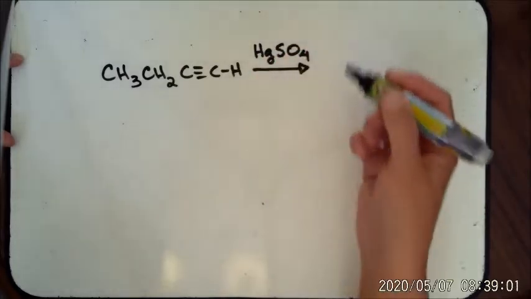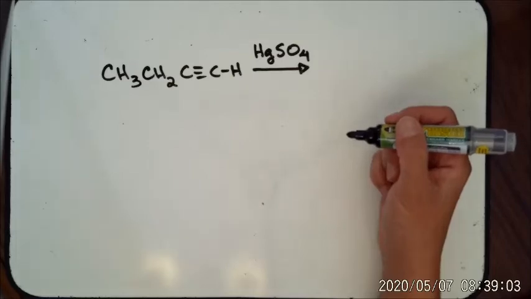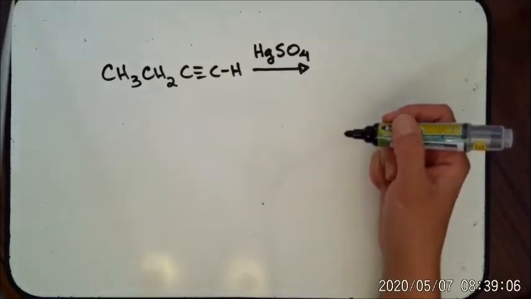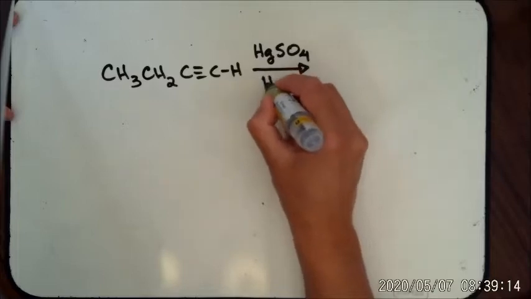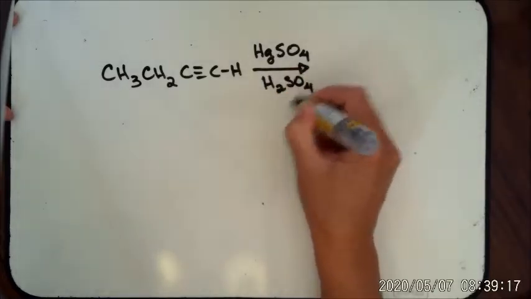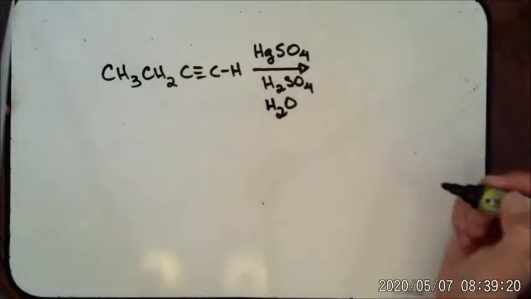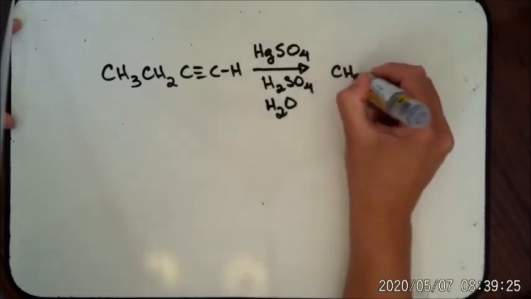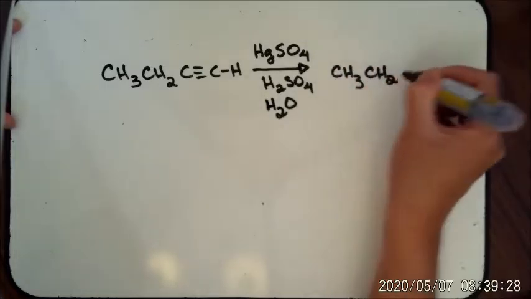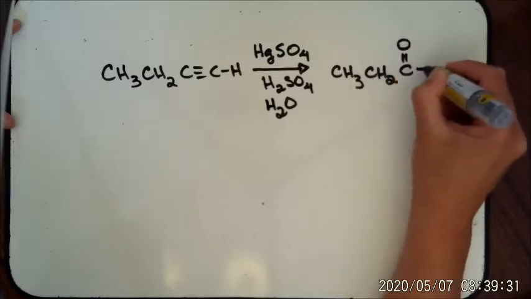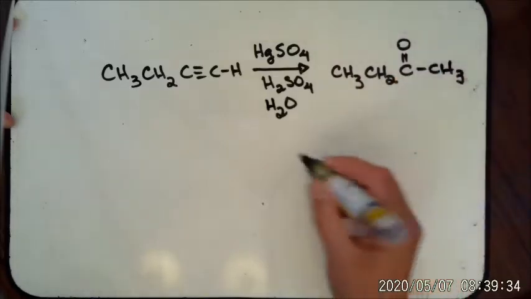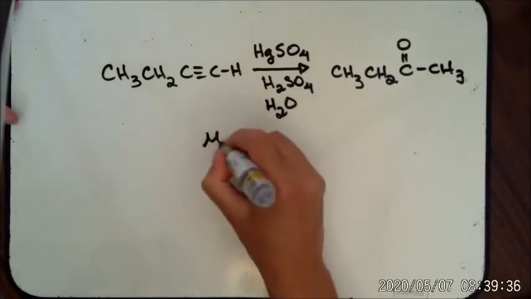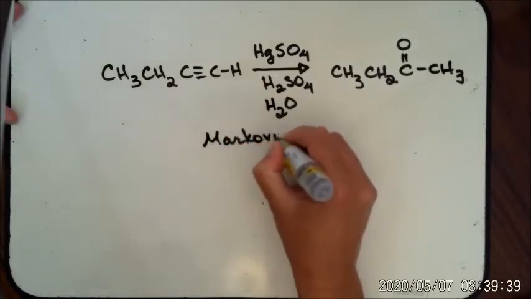You need the Hg2+ from mercuric sulfate, and in this case, unlike with our alkene, where we had mercuric acetate, then mercuration, and then demercuration, what we get is this back. You are going to form a ketone. And your water adds in the Markovnikov orientation.